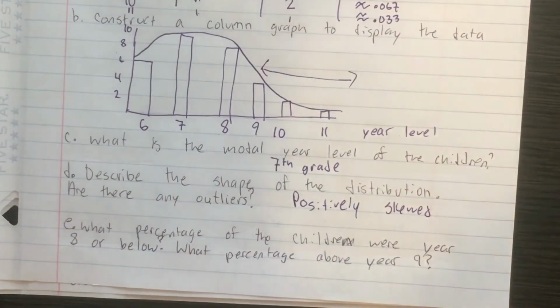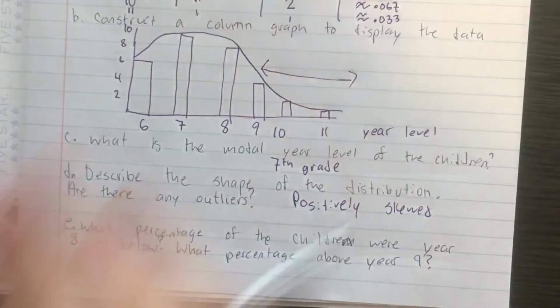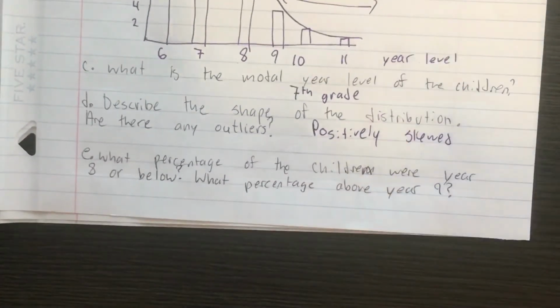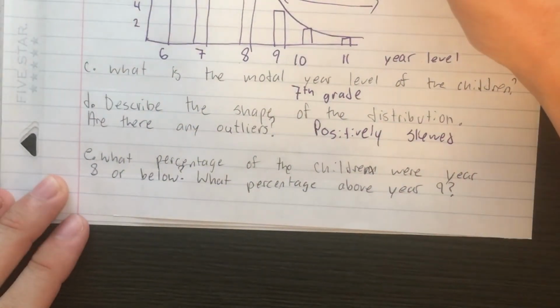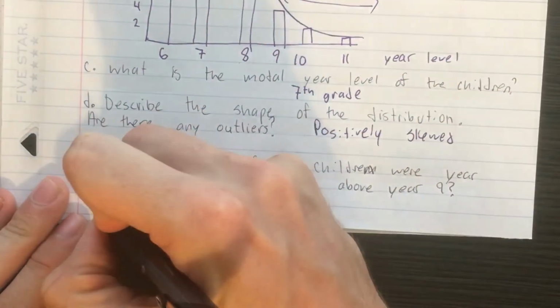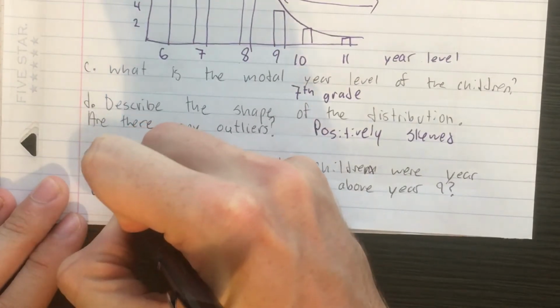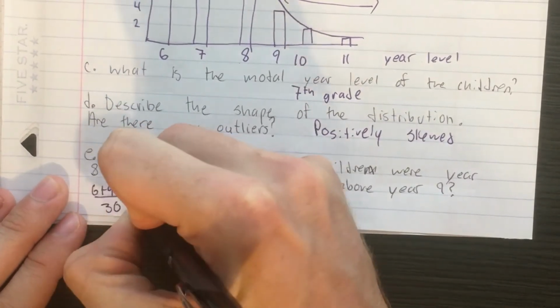So then we can also use simple discrete data to answer probability questions or percentage questions. So this one wants to know what percentage of children were year 8 or below, as well as what percentage above year 9. So let's see, percentage of children were year 8 or below. We had 6, 9, and 8. So we're going to add those together and put that out of 30.